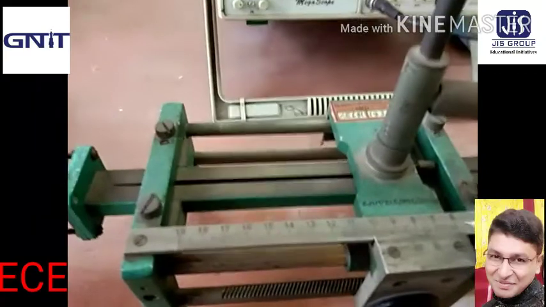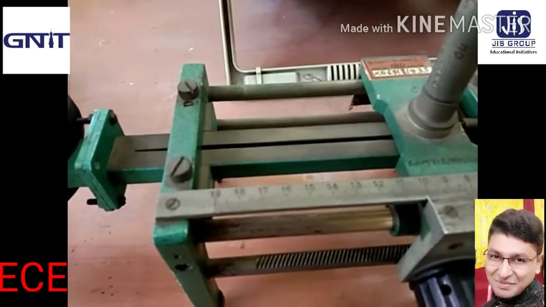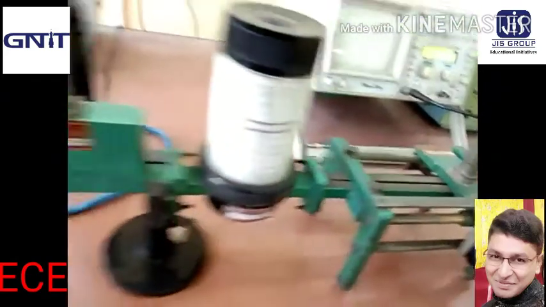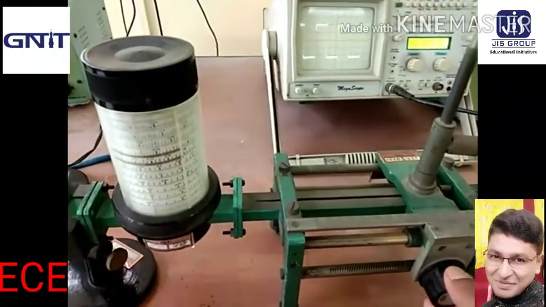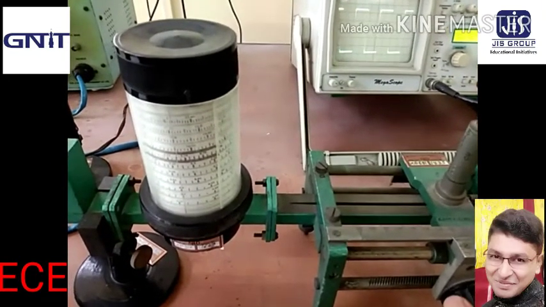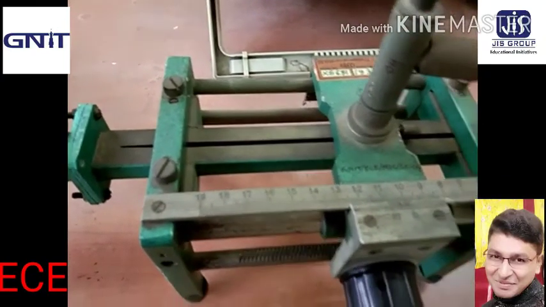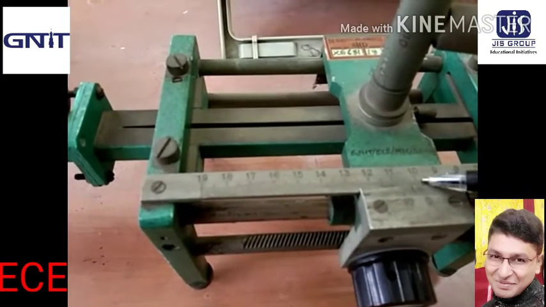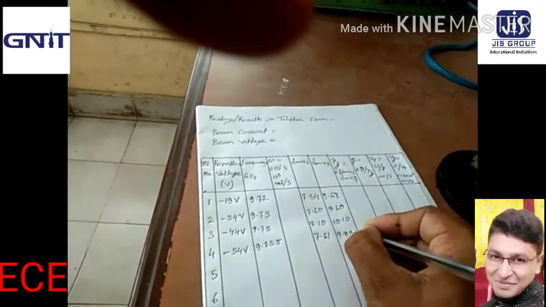This is our D min 1, 7.61. This is D max. Now this is D min 2, 9.89.